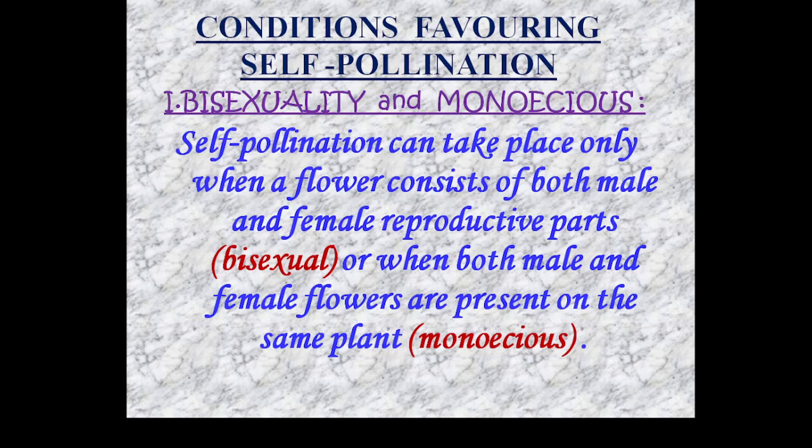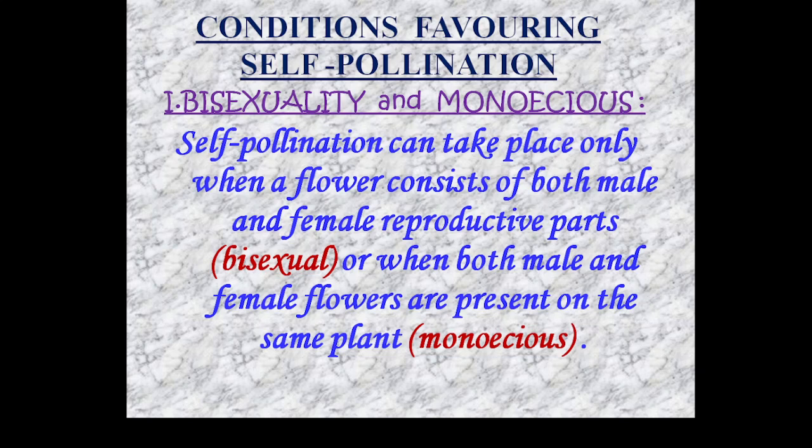Means the flower is there, and both the male as well as the female reproductive parts are present there. That is bisexuality. And when both male and female flowers are present on the same plant, that is monoecious. One is in the same flower, both the reproductive parts are present, and one in the same plant, both the male as well as the female flower is present.